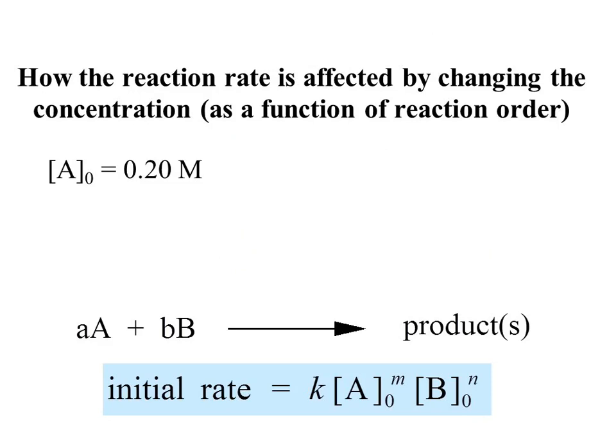All right, well let's look at some data. It seems kind of strange data, but again, we have A reacting with B to form products. And remember, this is your generic rate law expression down here. Just for kicks, we're going to say that our initial molar concentration of A is at first 0.20 moles per liter.